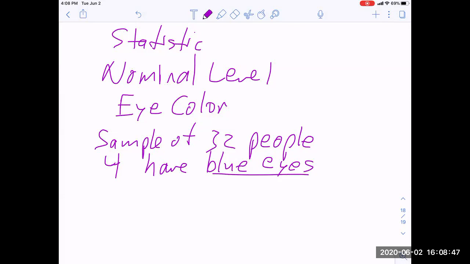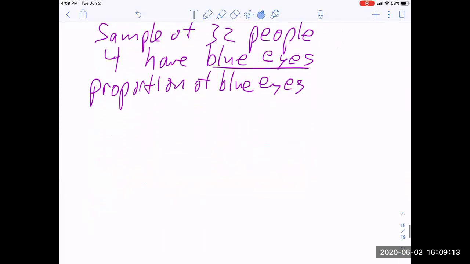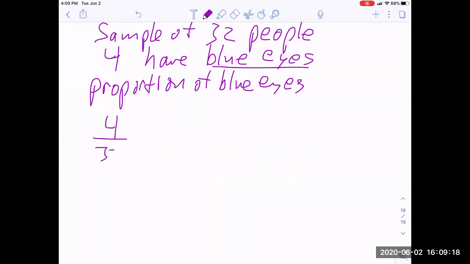Now I'm going to change it into a statistic. Remember, this is a numerical measurement of a characteristic of a sample. So what I'm going to do is I'm going to change this now to a proportion of blue eyes. I'm going to say 4 divided by 32.